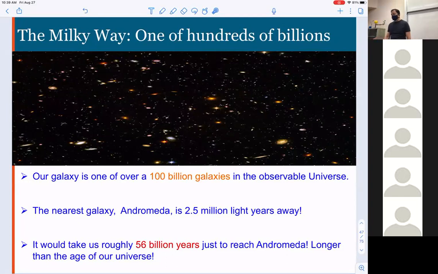The nearest major galaxy to us is Andromeda. It's about 2.5 million light years away. So if there are aliens on Andromeda looking at us, they would not see us as we are now. They would see whatever was here 2.5 million years ago, and vice versa. You can do the same calculation: how long would it take us to go to Andromeda with our current spaceship? It would take about 56 billion years.